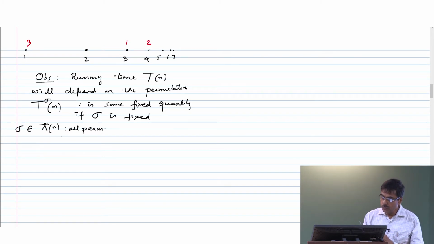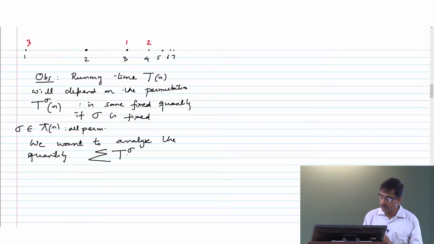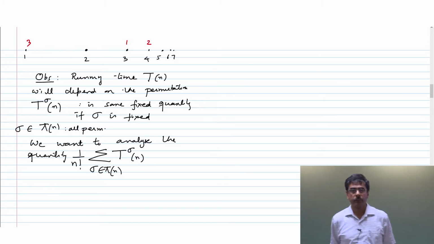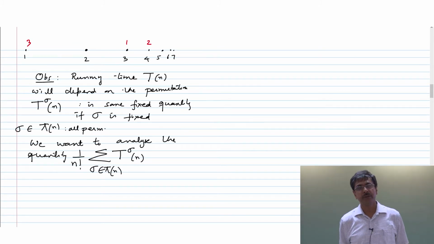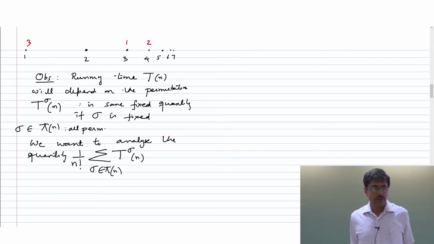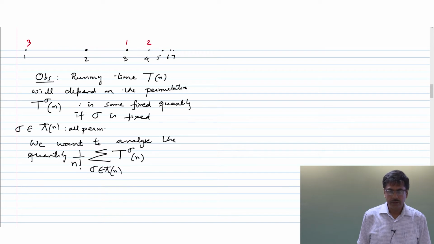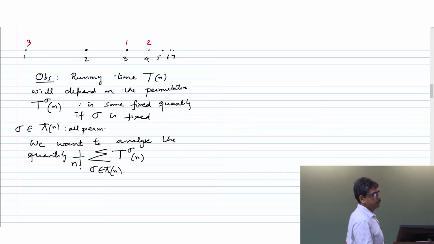So we want to analyze the quantity over sigma, because one of those permutations will occur with equal probability, and this is called nothing but the expected running time.